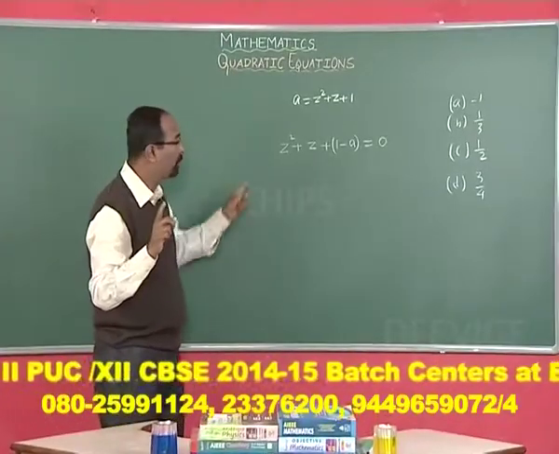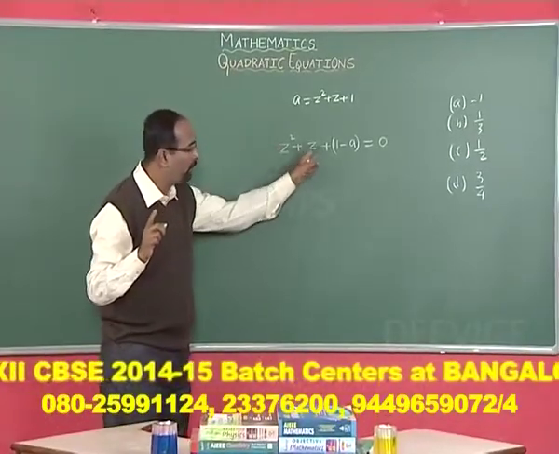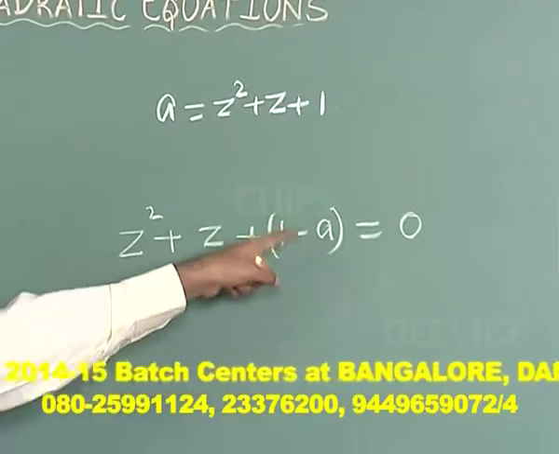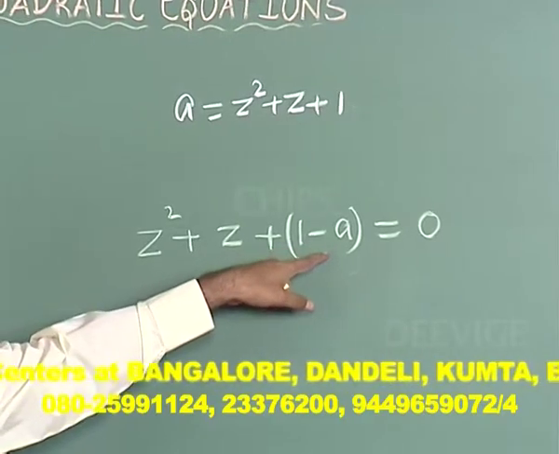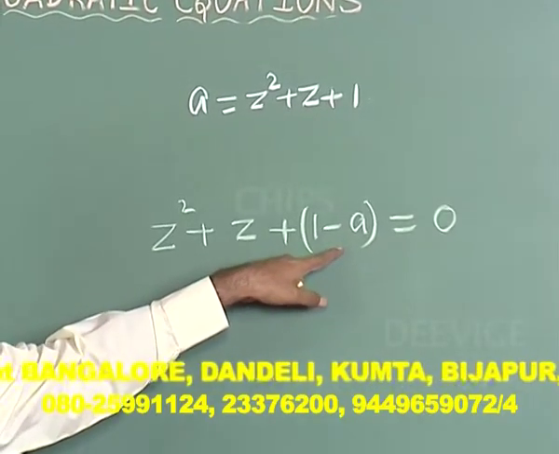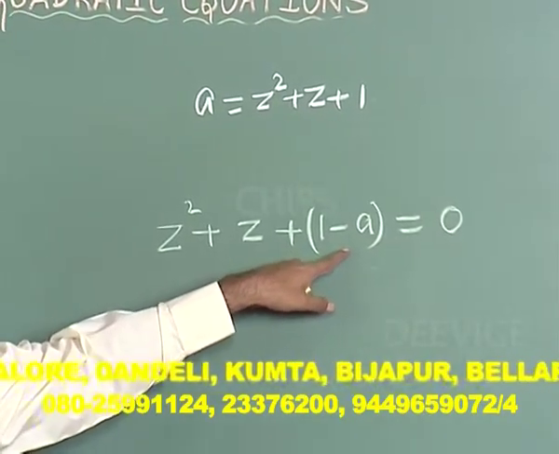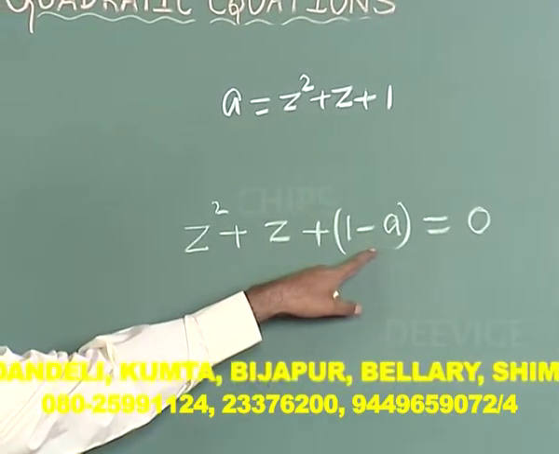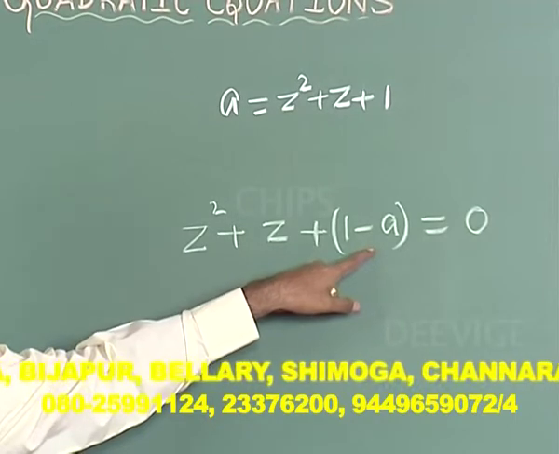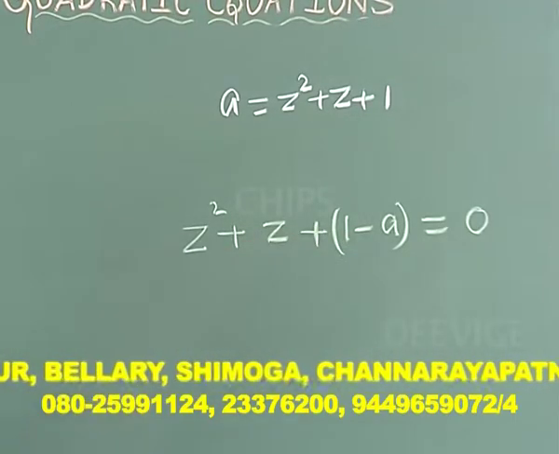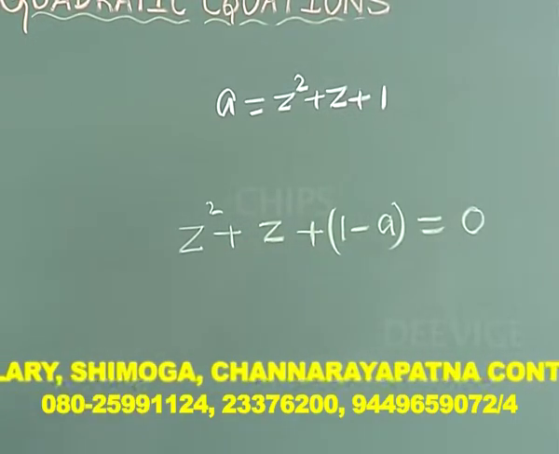Let me repeat this. Z square plus z plus 1 minus a, that is obtained by shifting a to the left hand side, must have imaginary roots because it is very much clear in the question that z is a complex number where the imaginary part is never 0. Therefore, the roots are imaginary.